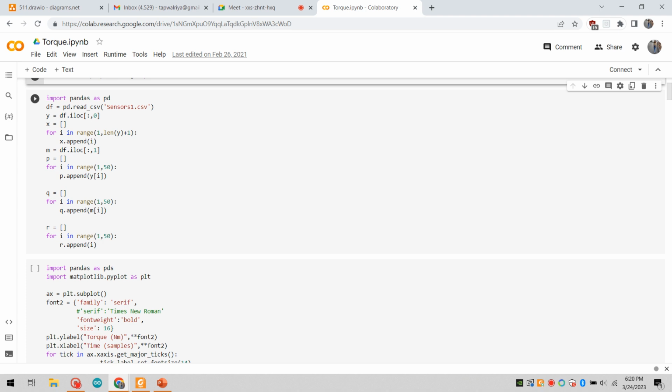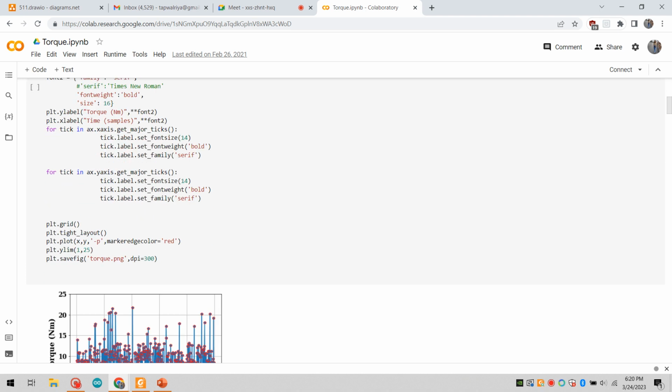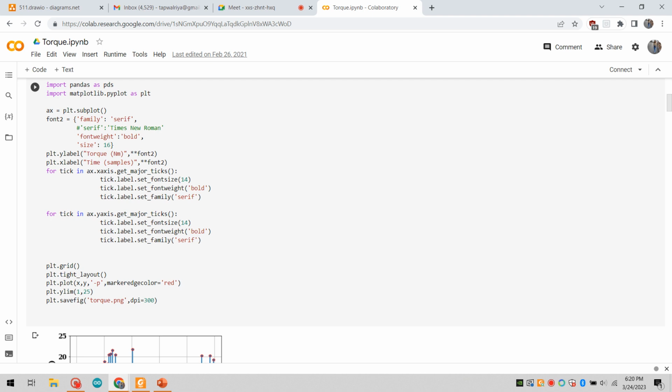For example, x, p, q, r. I have appended the values of these columns into these arrays, and this is just reading the data. If you don't want to do it like this, you can manually put the values of different arrays here. So basically I just want to show you this thing.